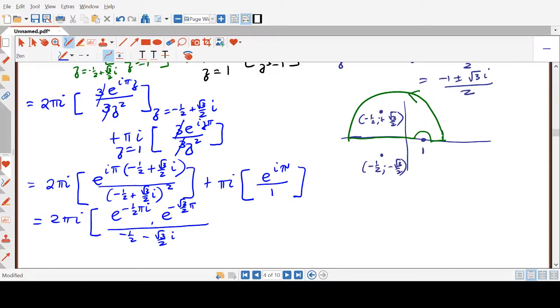Let's check if that's right. Plus here, pi i. e to the i pi is cos pi plus i sine pi.